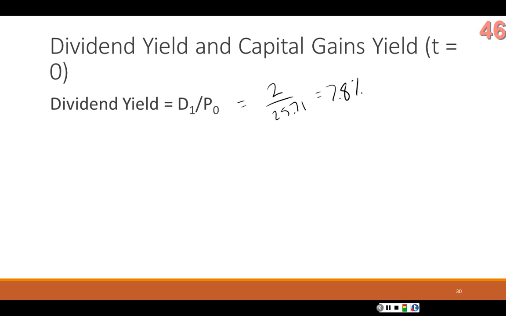So now we can calculate our capital gains yield. Equal to our total return minus our dividend yield to give us 5.2%.